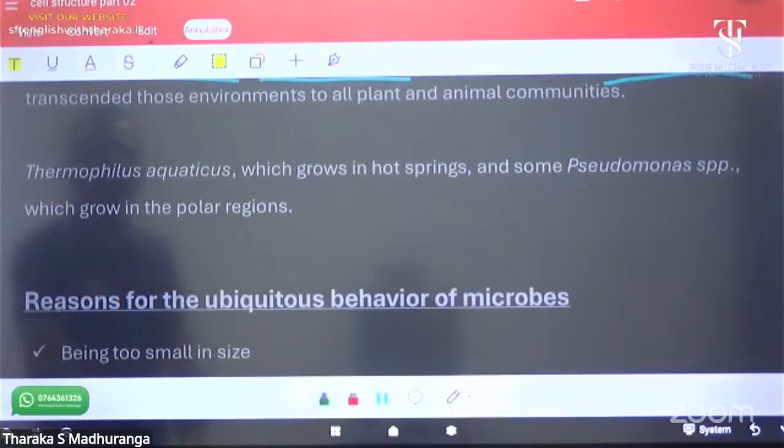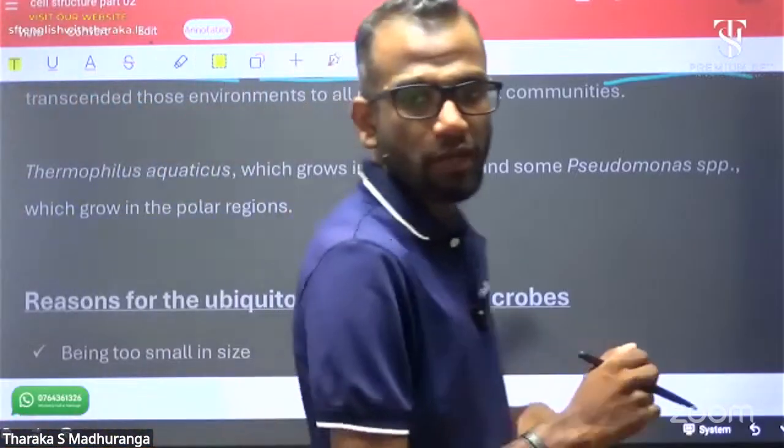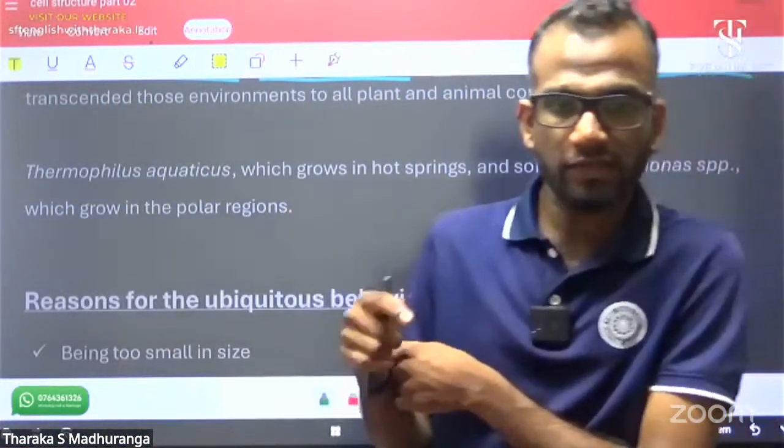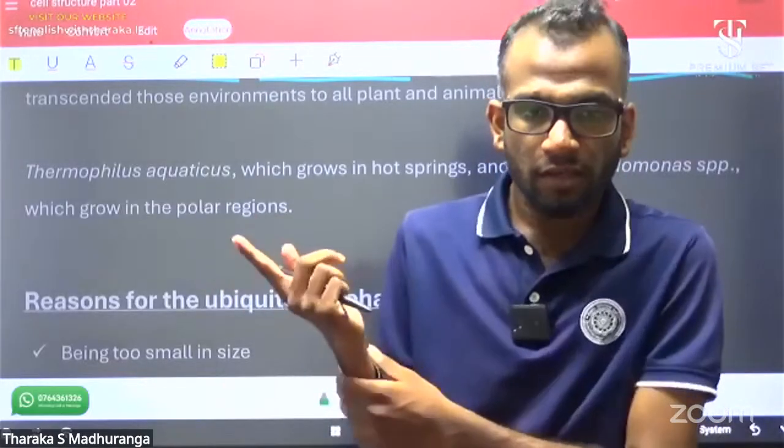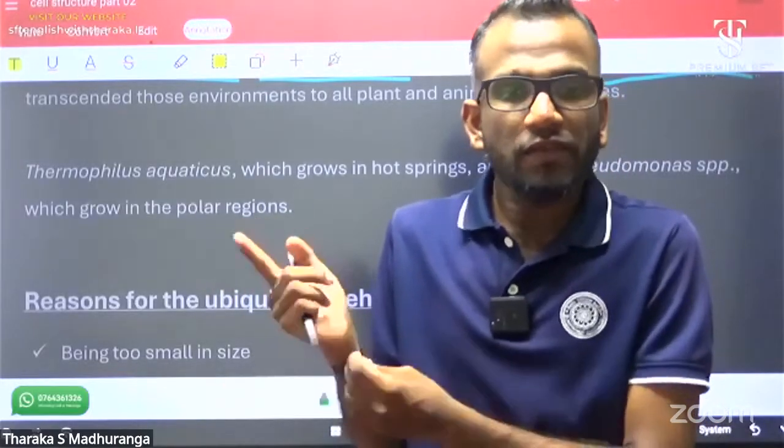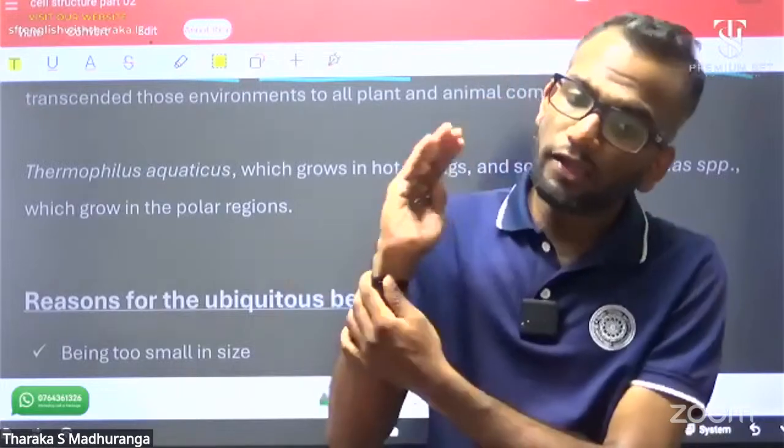This is an example: thermophiles which grow in hot springs, and some Pseudomonas types which grow in polar regions, in very cold areas. Thermophiles live in hot springs, at very high temperature.